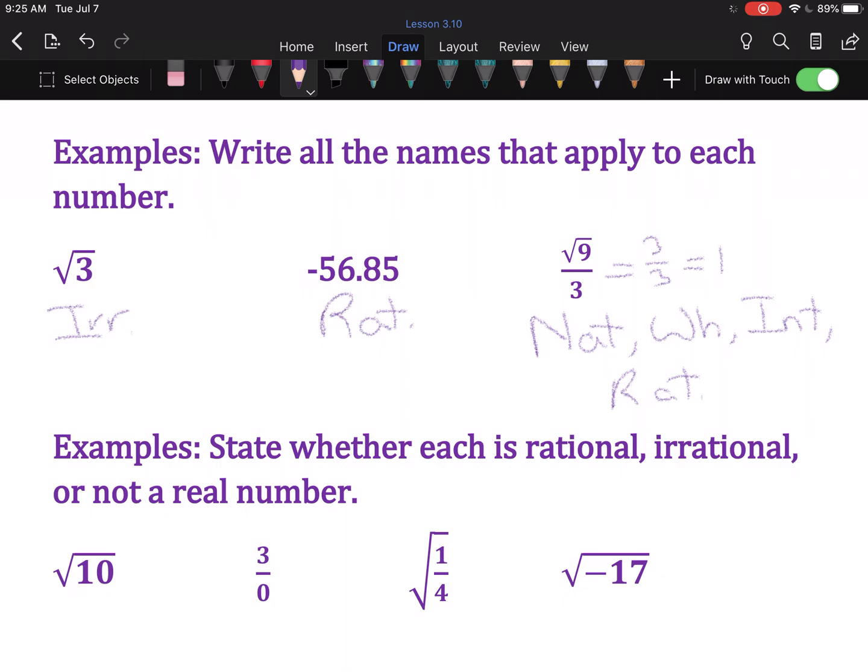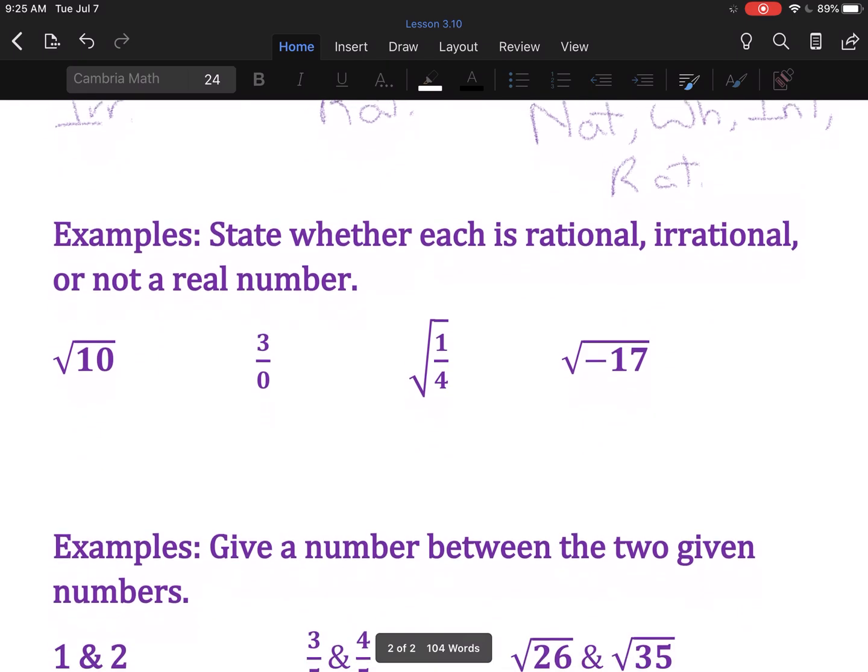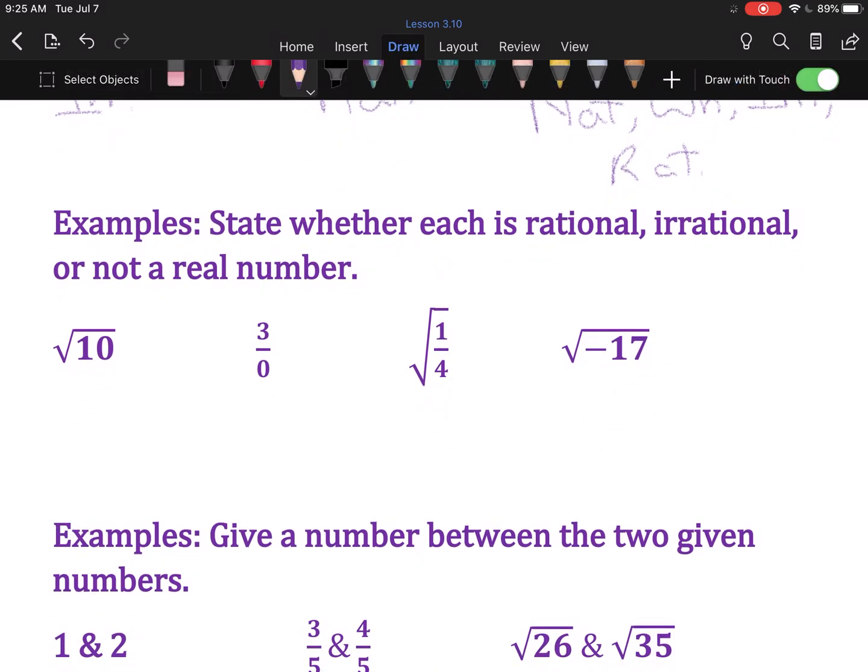Next, state whether each is rational, irrational, or not real. Root 10, square root of a number I don't know, so it's irrational. 3 divided by 0.